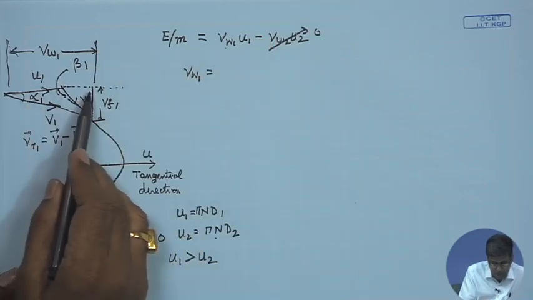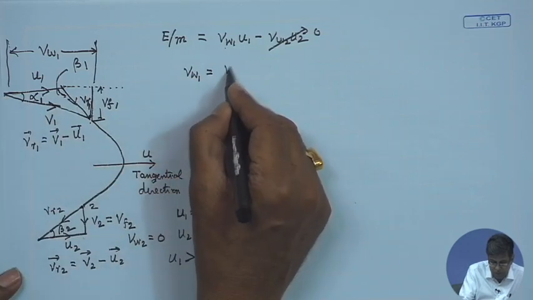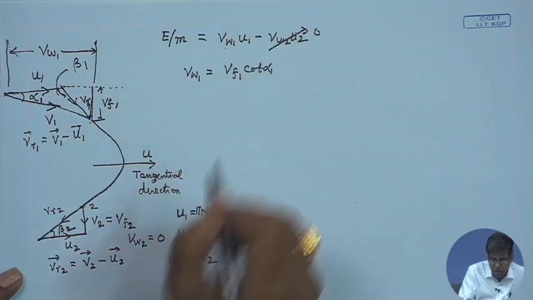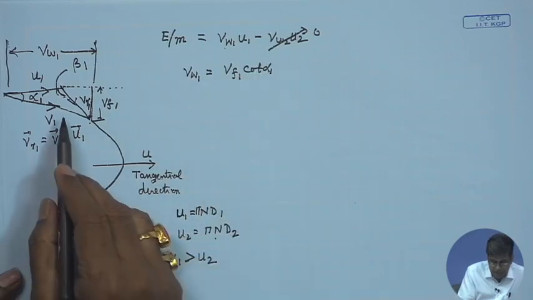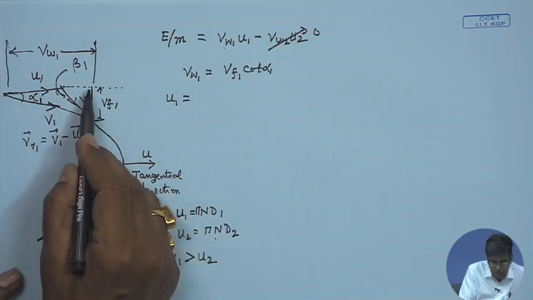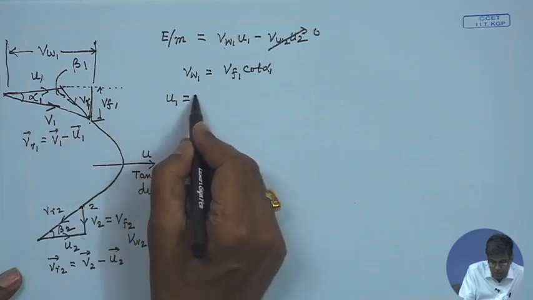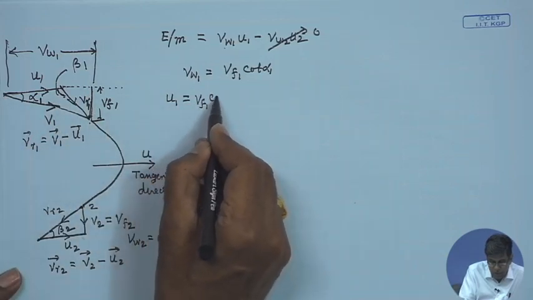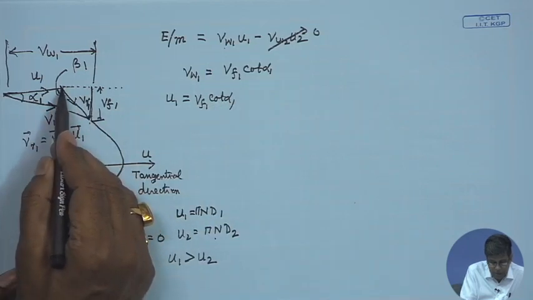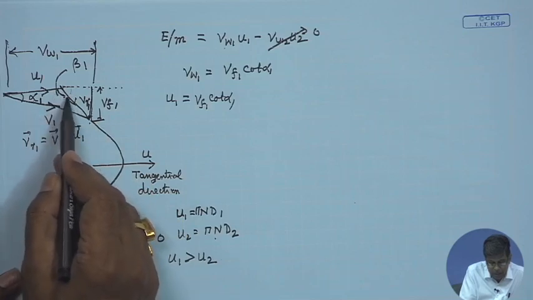Now, a little trigonometry. VW1 is VF1 cot alpha 1, and U1 can be written as VW1 minus this one. VW1 is VF1 cot alpha 1, that means this one minus this one, this is VF1 cot of this angle, 180 degrees minus beta 1.